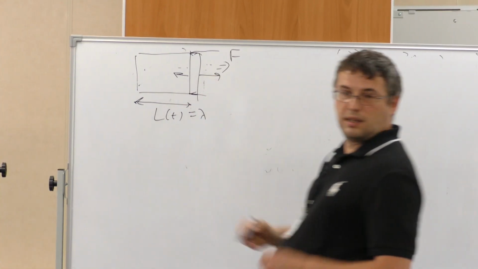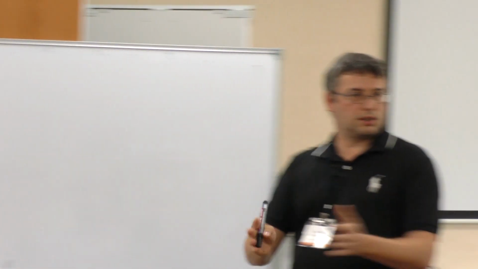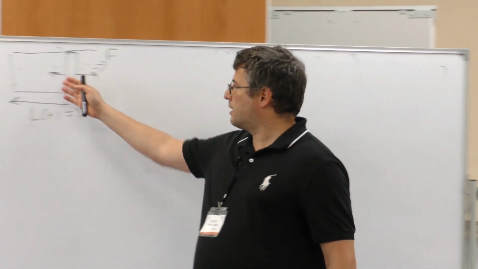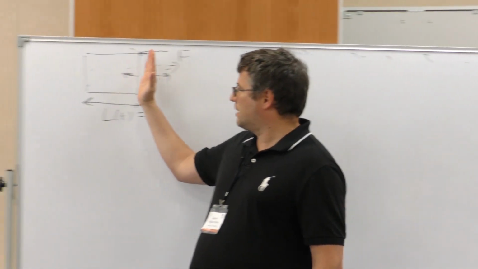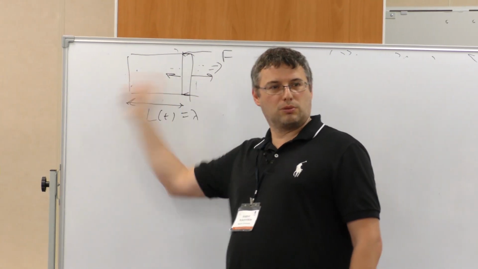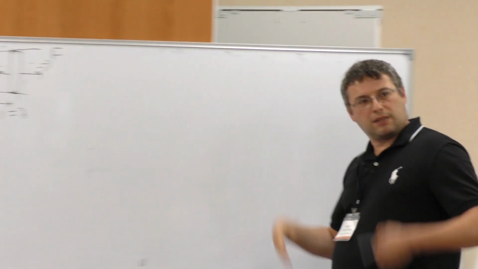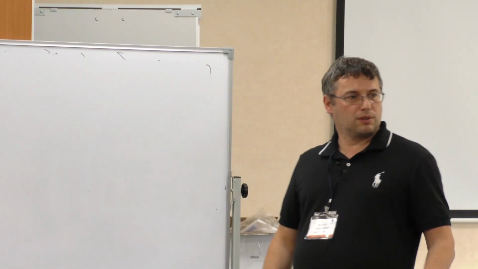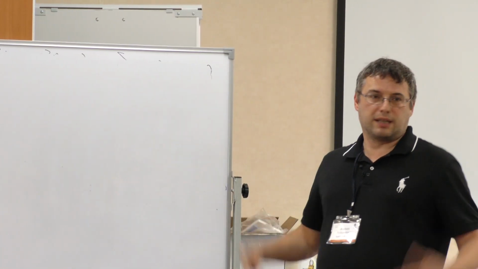It will be the length of my box, and I can change it. And I want to solve how my particle behaves. There is even a famous problem from, I guess, Olympiads, right? The particle moves with constant velocity, the ball moves back and forth, and so on. But it doesn't have to move with constant velocity. It can move with arbitrary velocity. And I can ask the same question.